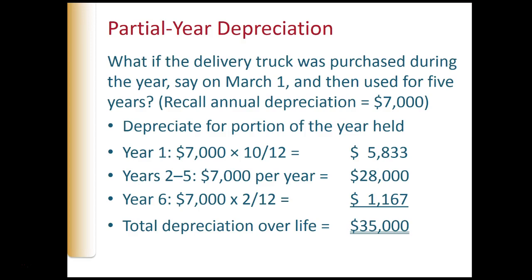So the first year, instead of the entire $7,000, we would allocate 10 out of 12 months. Years 2, 3, 4, and 5 are given the full $7,000 a year, and then in the 2 months of year 6, we would take the remaining 2 months out of the 12 months.